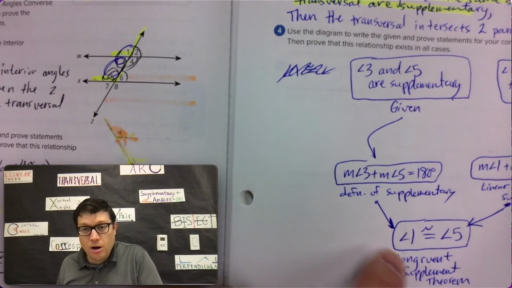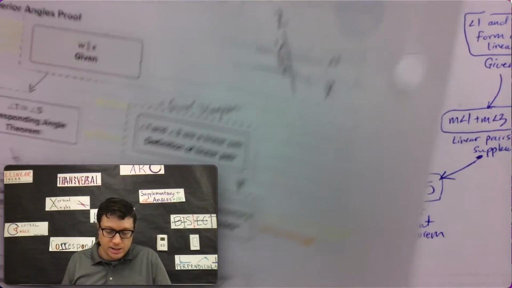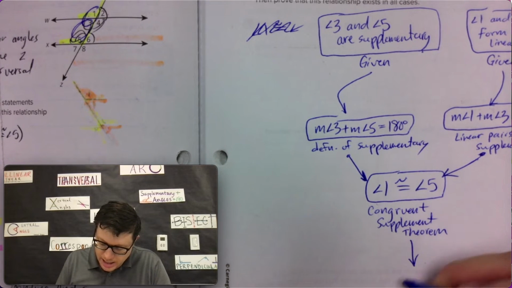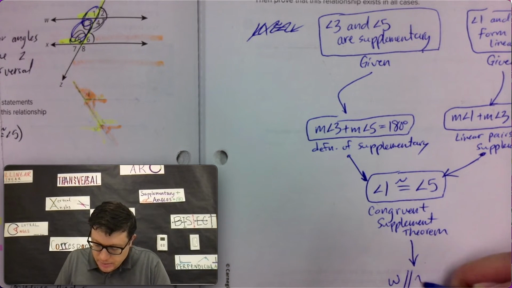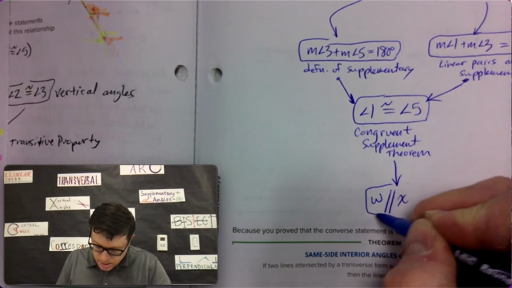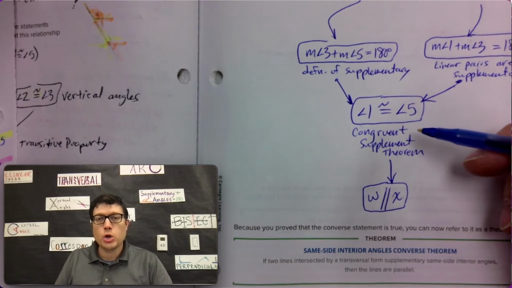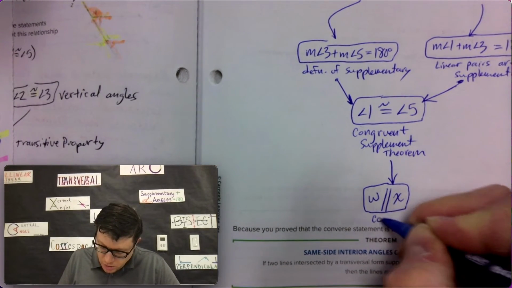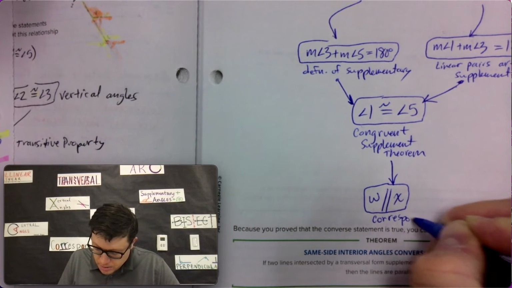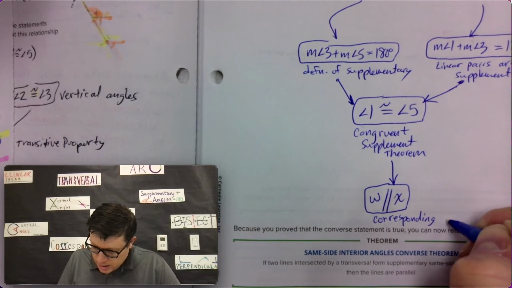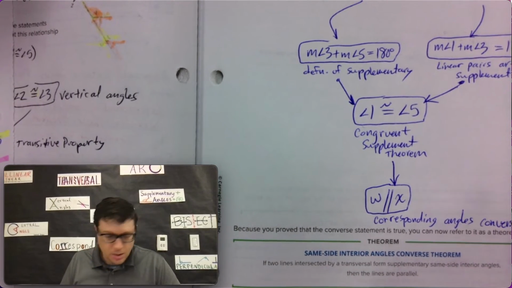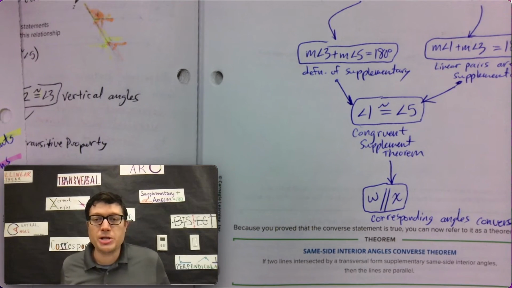So since they are congruent and they are corresponding angles, then that means that line W is parallel to line X. And the reason is that corresponding angles are congruent. So it's the corresponding angles converse. That was also from page 304.